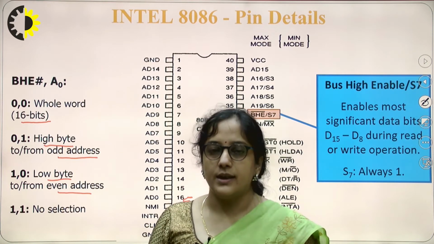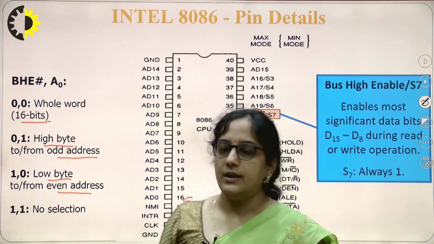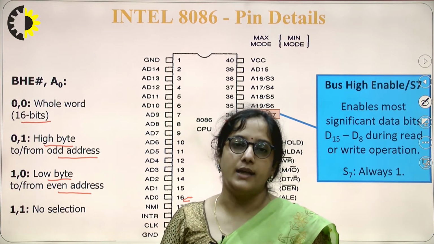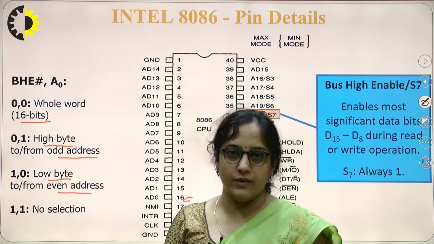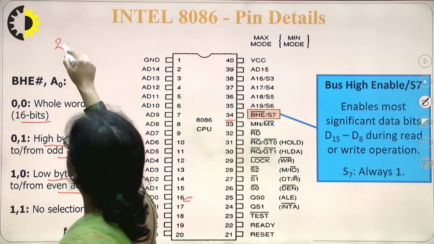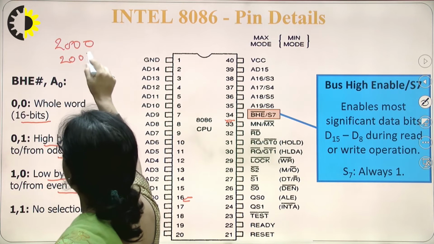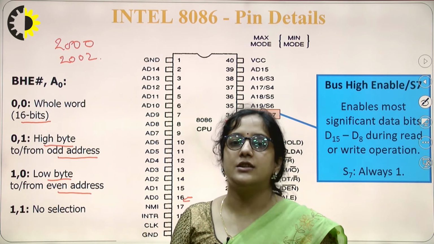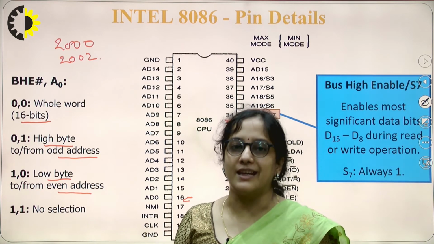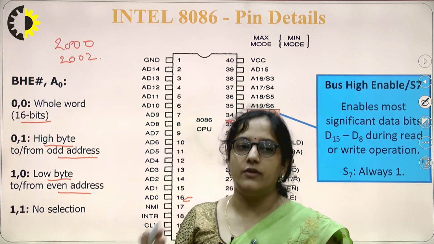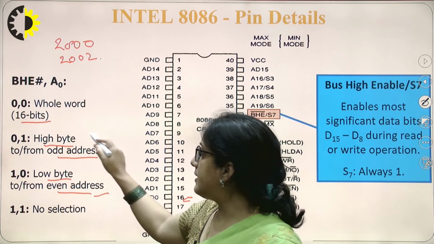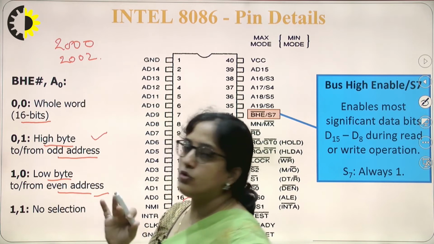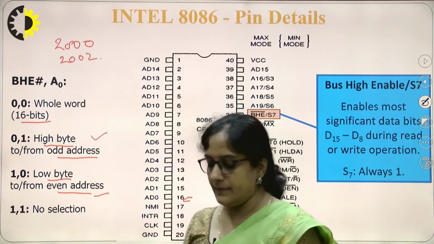If we have to read data in one clock cycle, we use this arrangement: we read the first byte from an even address, like 2000 or 2002, which will be the content of IP. If our address is even, then only the microprocessor can read 16-bit data in one cycle. Otherwise, it needs two cycles, one to read from the even address and another from the odd address. So, the BHE and A0 signals are used to differentiate between even and odd bank.